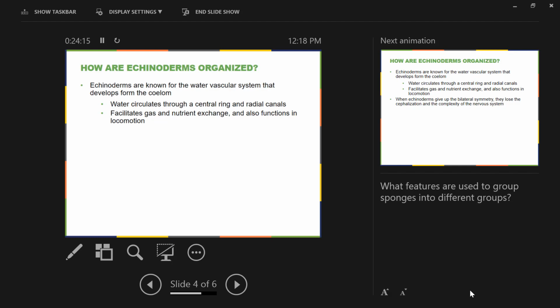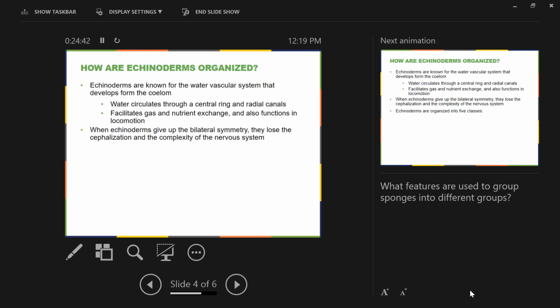Now, abandoning the bilateral symmetry allows for a very simple body plan. And you'll see this when we dissect sea stars later in lab, when you open this up, it has a very simple organization and not a lot of really complex tissues like you find in animals that keep their bilateral symmetry into adulthood.